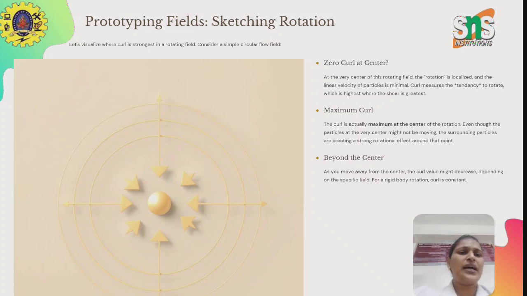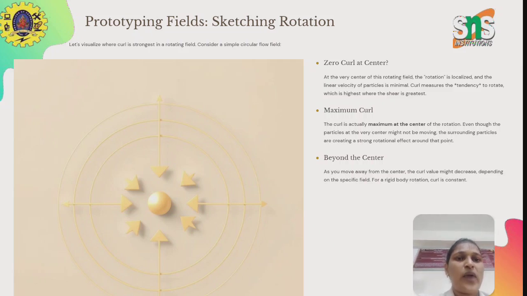So now let's get into a prototyping model. Here we have shown a vector field. Now we are going to analyze at what point the curl will be maximum, zero, or less.